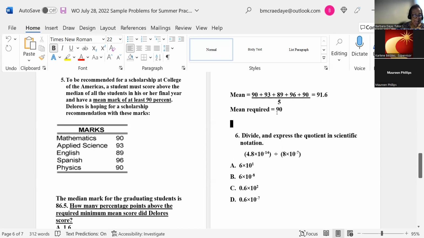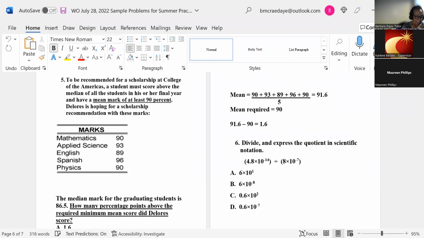The mean required is 90. You're going to take away the 90 from the 91.6. That's right, Maureen. You got it. Very good. 91.6 minus 90 is equal to what, Maureen? 1.6. And that's the answer.